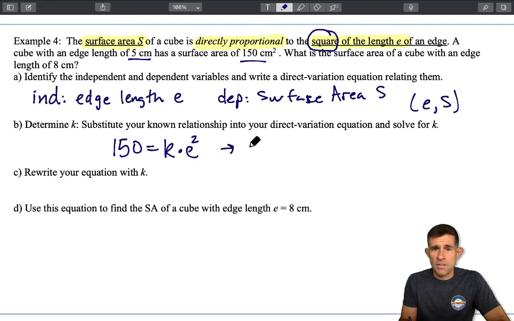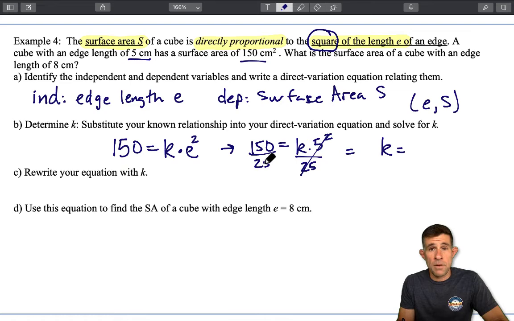This translates into 150 is equal to K times 5 squared, which is 25. Now I'm going to solve for K. I need to divide off that 25 in order to get K by itself. That means K, my constant of variation, is going to be 150 divided by 25, which is 6.